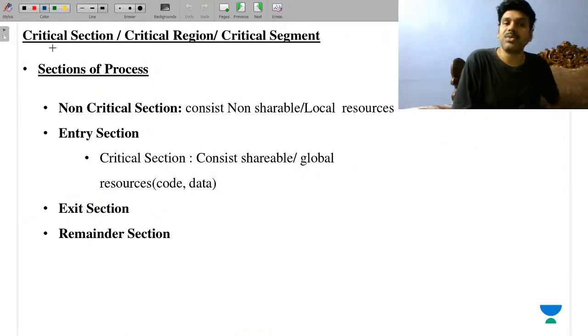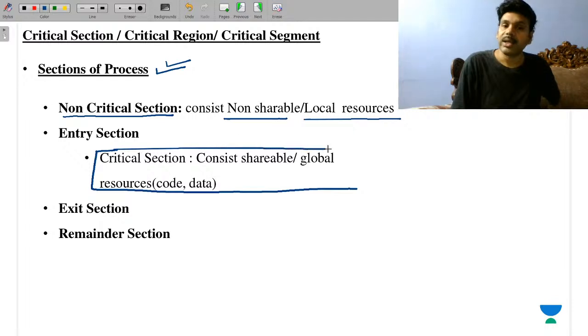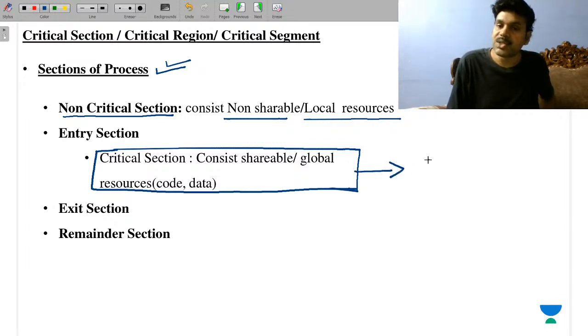So when you talk about the critical section, or critical segment, or critical region, there are a few sections in that. One is a non-critical section, consisting of non-shareable or local resources. And now observe, this is very important. The critical section mainly protects your shareable resources.